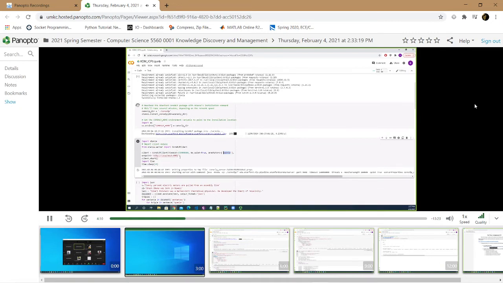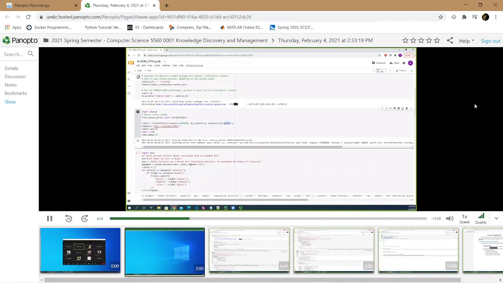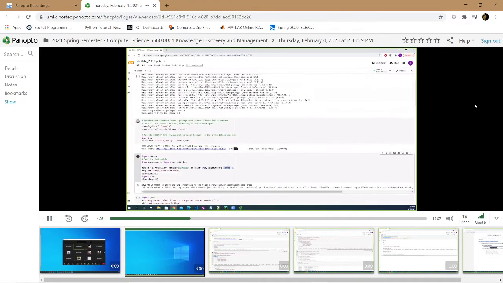Keep in mind, on our regular machine we use the port 9000, but in Colab we have to use 9001 because they have some other functions running on that port. And OpenAI works very well with JSON objects.